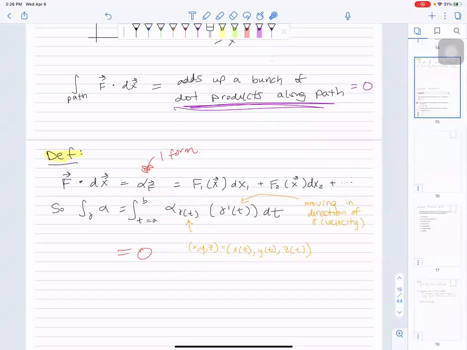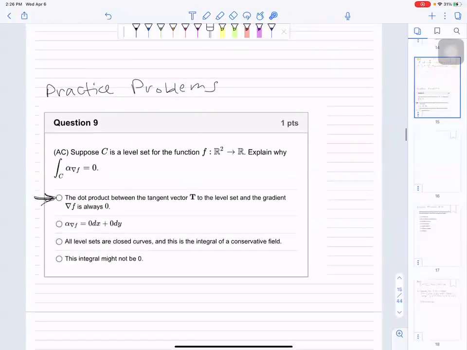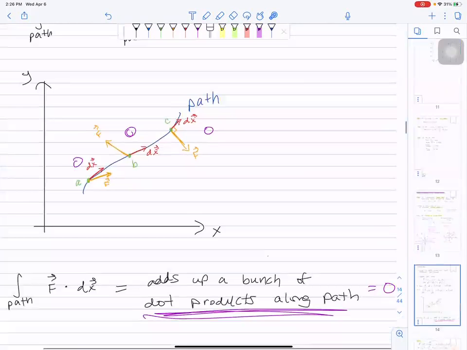So this is a practice problem. Vector F is the gradient. Yes. So if these orange ones are now the gradient, well, the gradient dot product something else can only be 0 if the gradient is orthogonal to the level set.